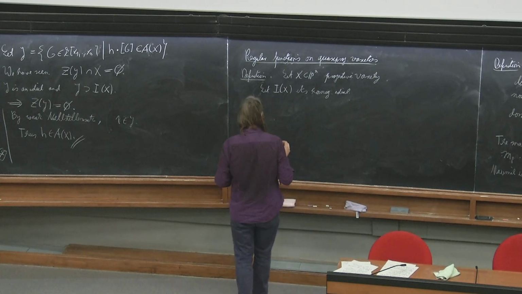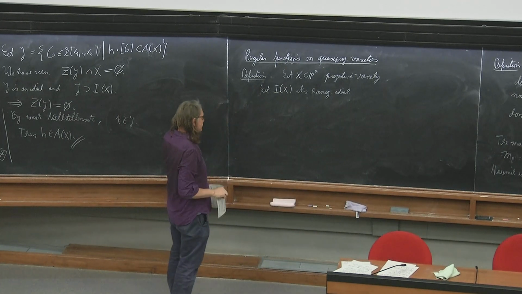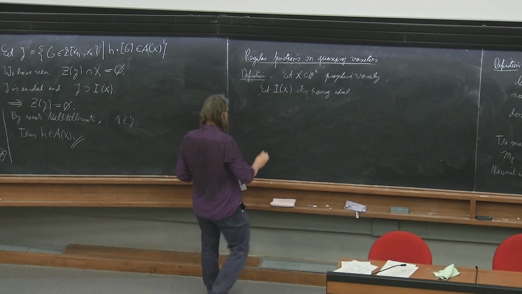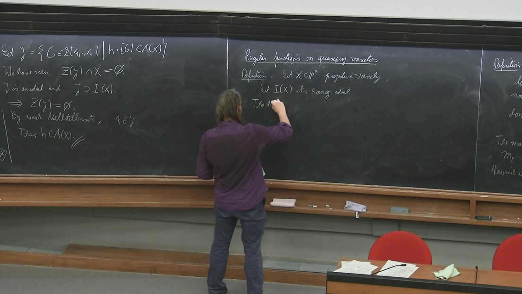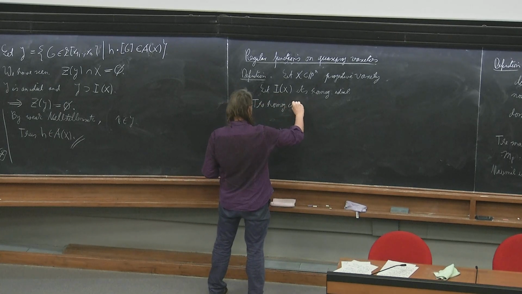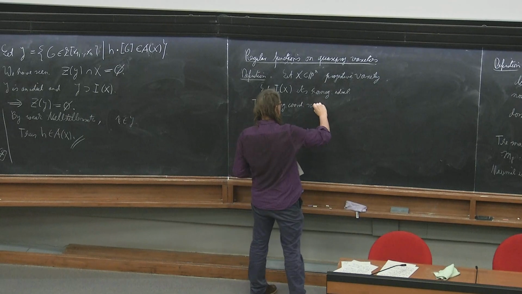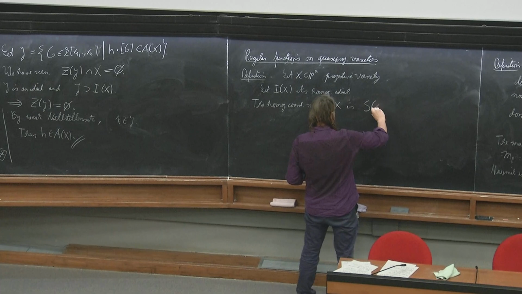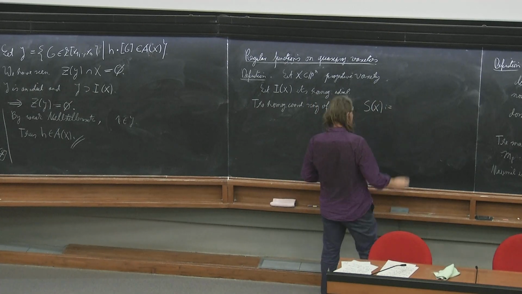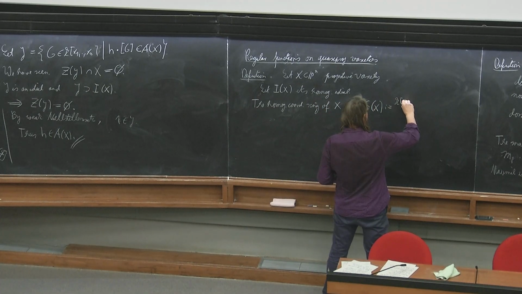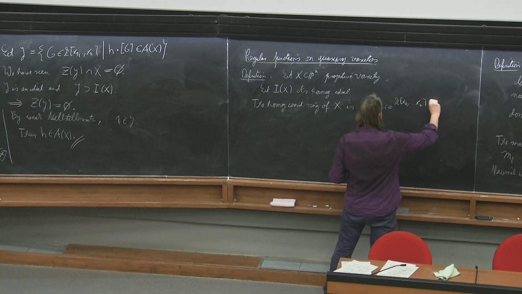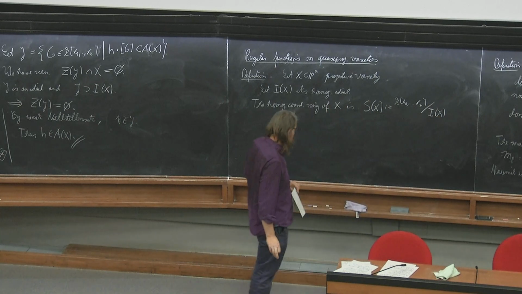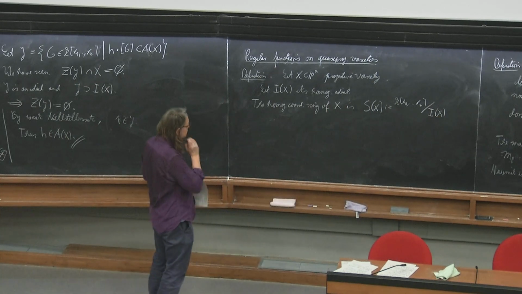And I can look at the so-called homogeneous coordinate ring S(X), which is defined to be k[x0 to xn] divided by the homogeneous ideal I(X).